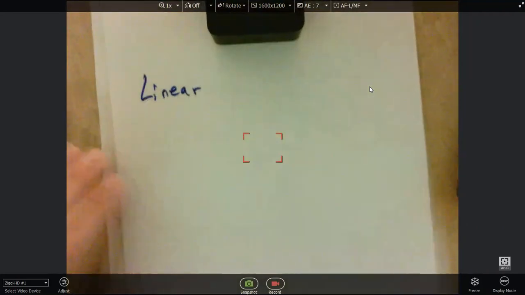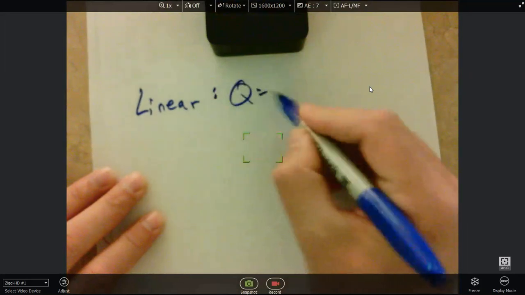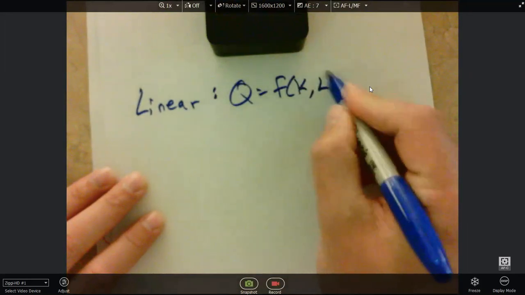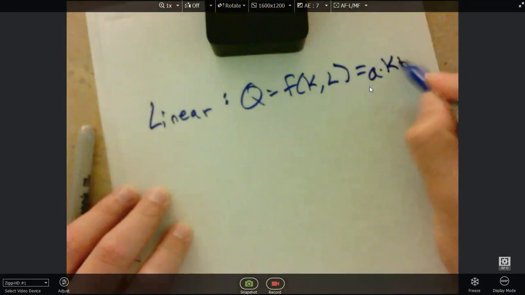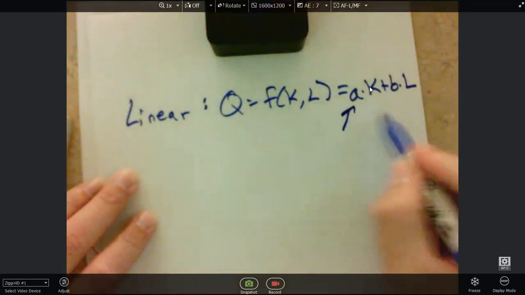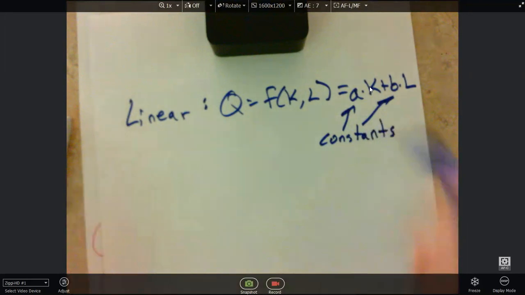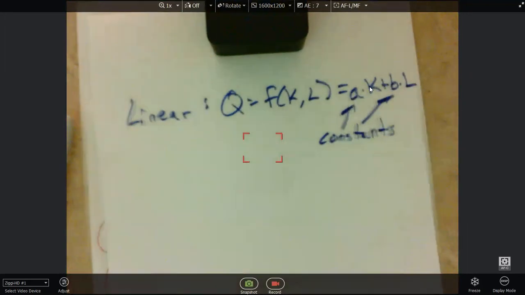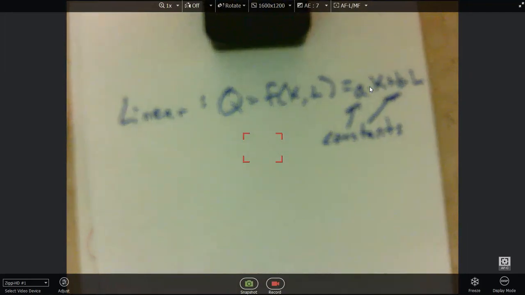We have linear. So this is Q equals F of K and L equal to A times K plus B times L, where A and B are constants. This is the very simple one that we all learned initially.